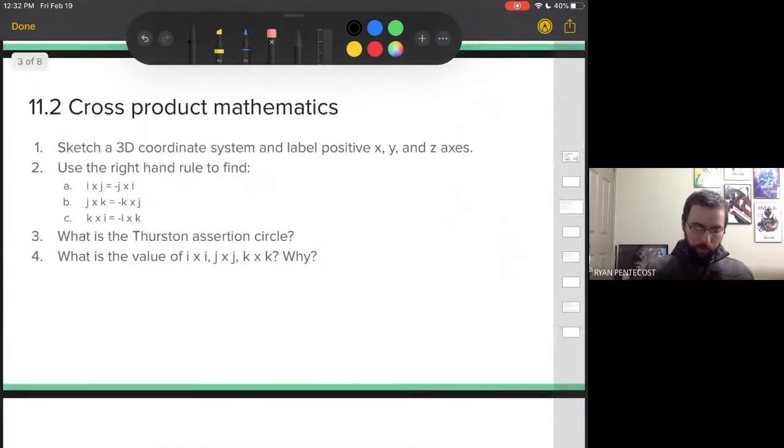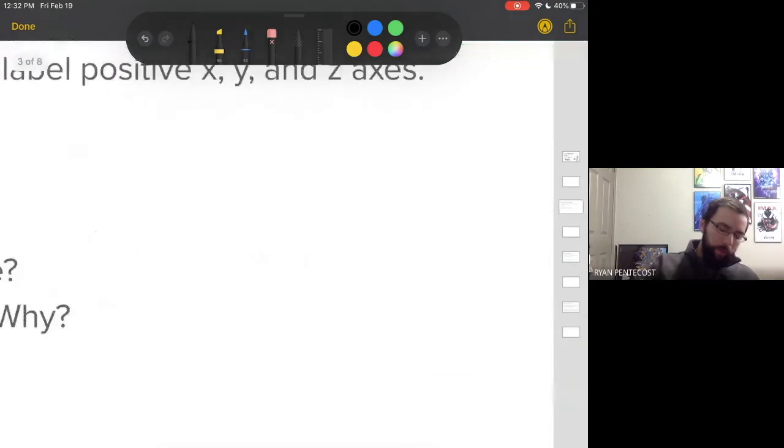Okay, so let's sketch a 3D coordinate system and label the positive X, Y, and Z axes. So kind of hard to draw in 3 dimensions, especially if you're a favor of straight lines. Not great at straight lines.